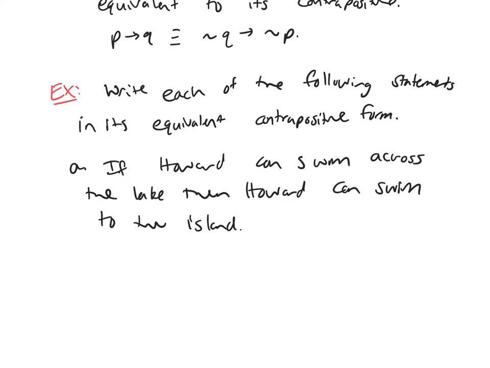So you identify your pieces, your P and your Q. Howard can swim across the lake, that's my P. My Q is Howard can swim to the island. And you switch them and you negate them.